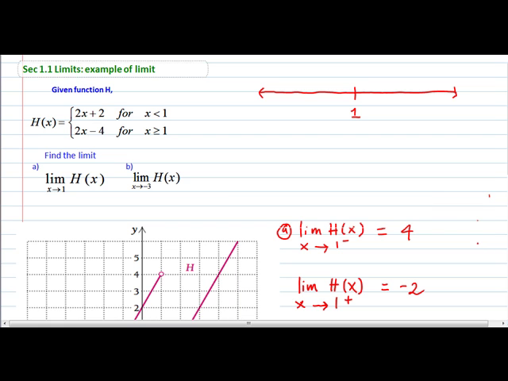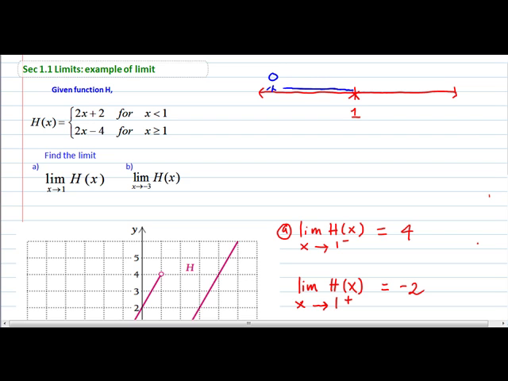Now let's look at finding the limit for the same function using algebra. So once again, here's my target, x is 1 here. I'm looking for the limit of a function when x goes very close to 1. So I walk very close to 1.